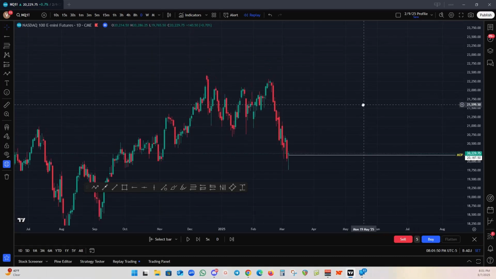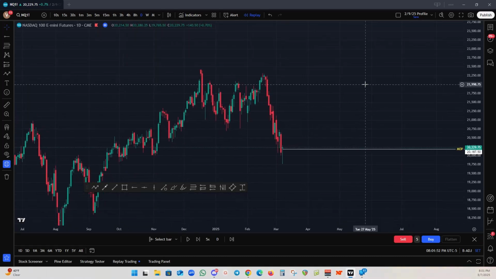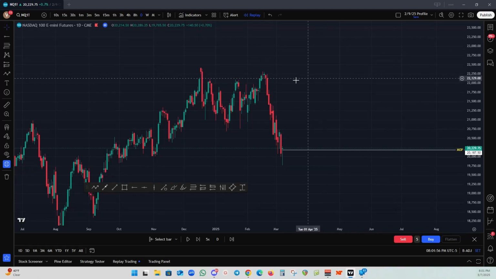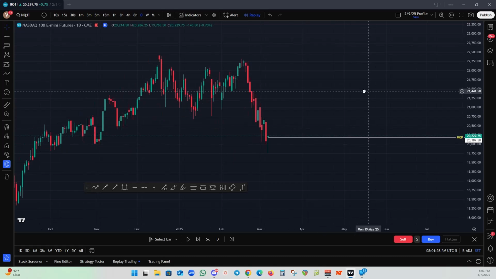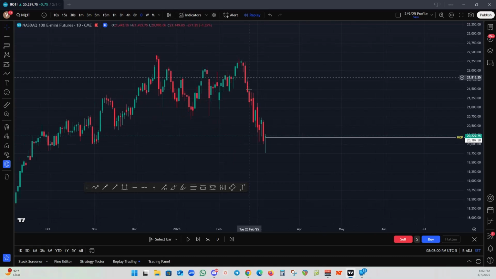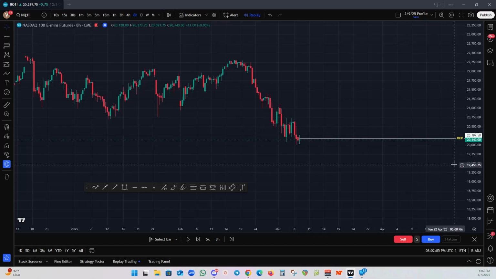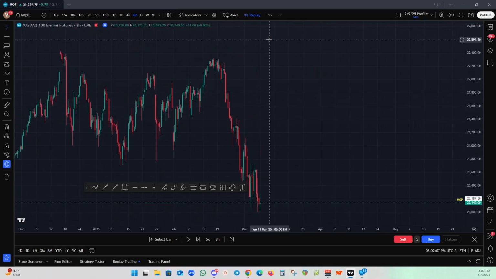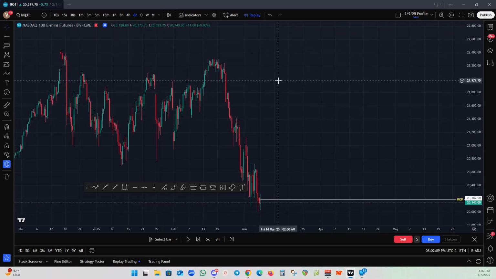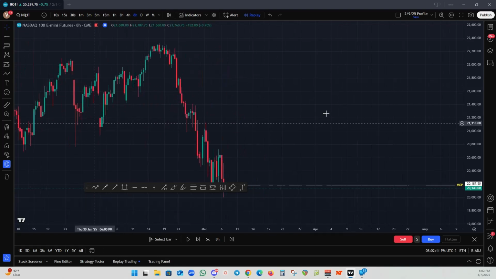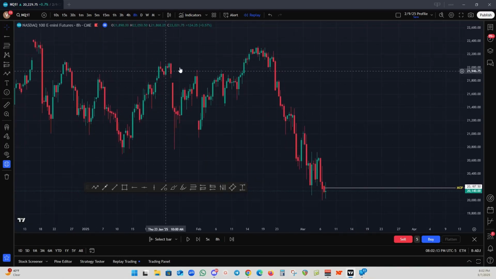What I'm going to do is drill down until I get to 5 minutes. What I want to do is get in sync with the higher time frames. The higher time frame, starting from the daily, is a downtrend. So I'm going to go to the 8-hour, and you can see the downtrend on the 8-hour, which is following the daily.